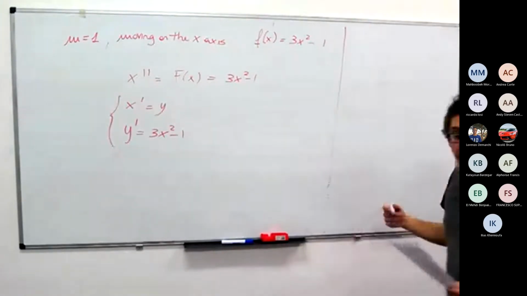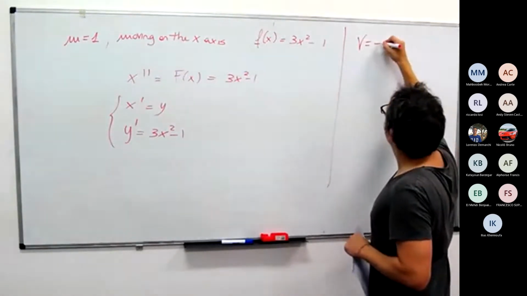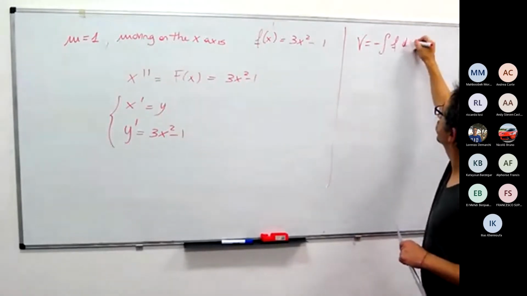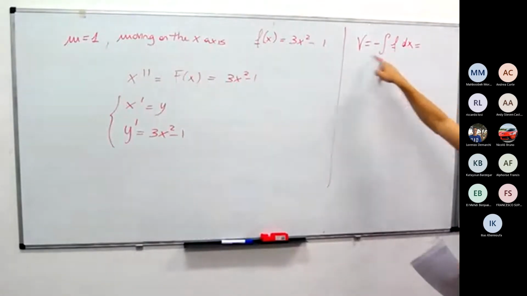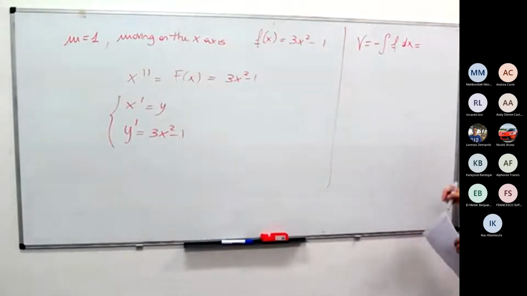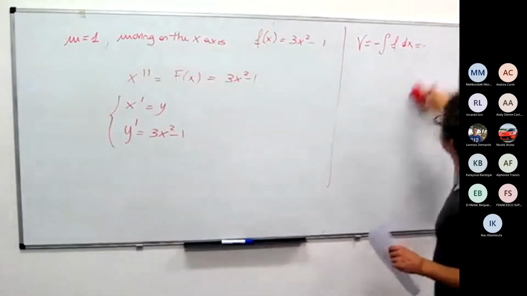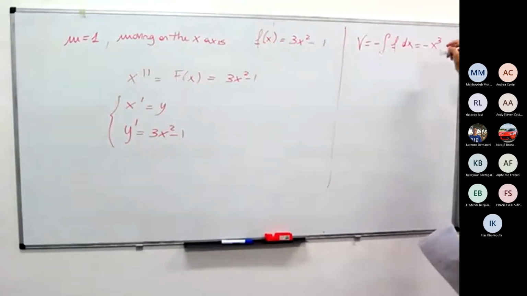The fact that we have a conservative force means that there is a potential V, which is equal to minus the integral of the force. This is minus the integral of 3x squared minus 1, which gives me minus x cubed, and then I have plus x.